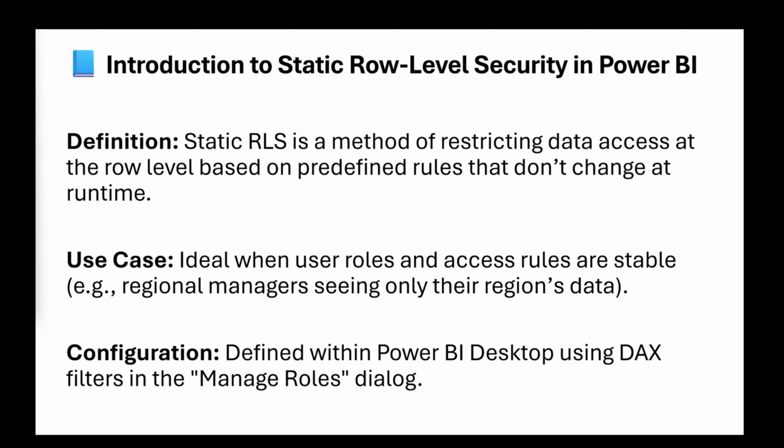Somebody can be in a particular position or department, or be given a certain level of privileges or access, and that doesn't change for quite a long time. So static RLS is ideal when the rules don't change from time to time.